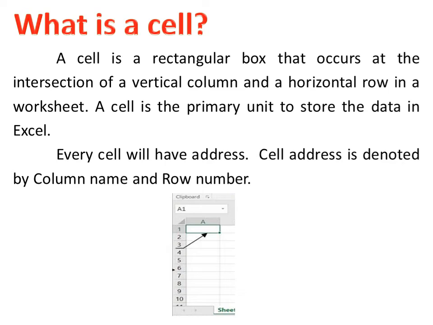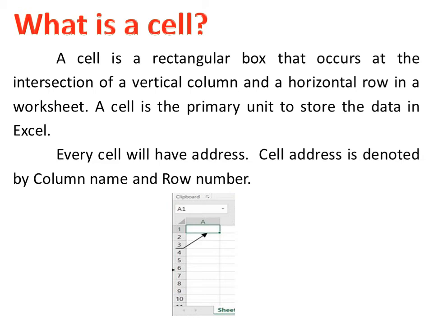Now let us see what is a cell. A cell is a rectangular box that is formed with the help of intersection of vertical lines which are called columns and horizontal lines which are called rows present in a worksheet. Basically a cell is the primary unit to store the data in Excel. It means that whatever data we type, whether it is numeric data or text data, we have to type it in the cell.